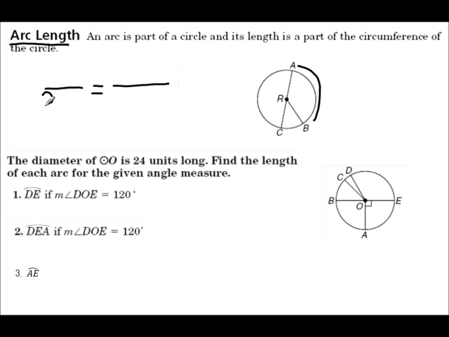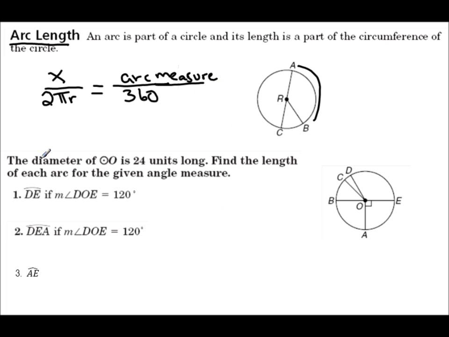Well, we know that the length around the circle is 2 pi r, and the degrees of a circle is 360. So our job is to figure out the arc length, given how many degrees that arc length represents. So the arc measure will go on the numerator here.